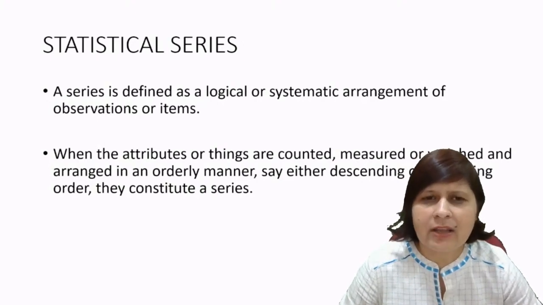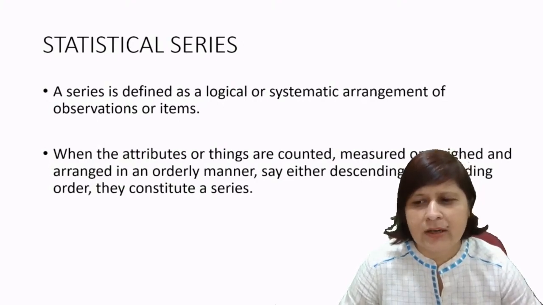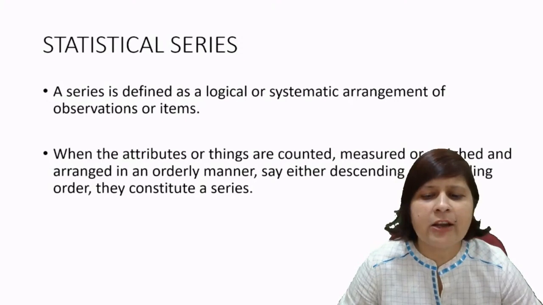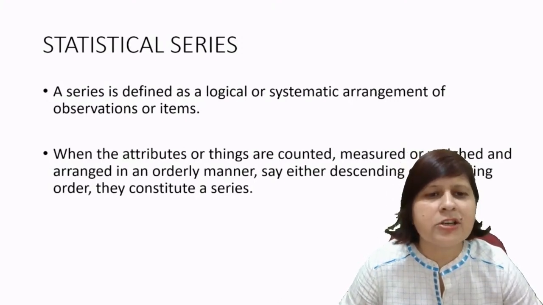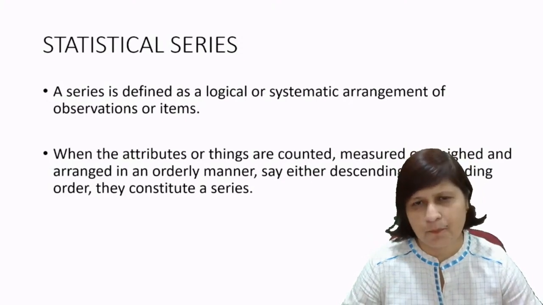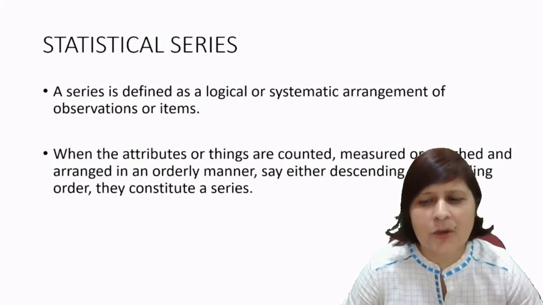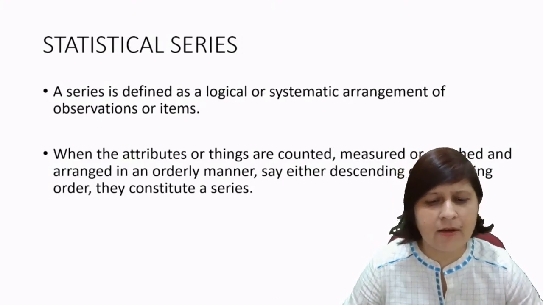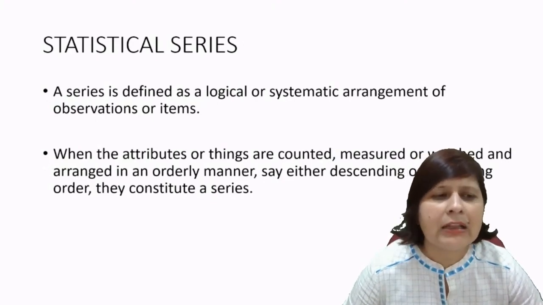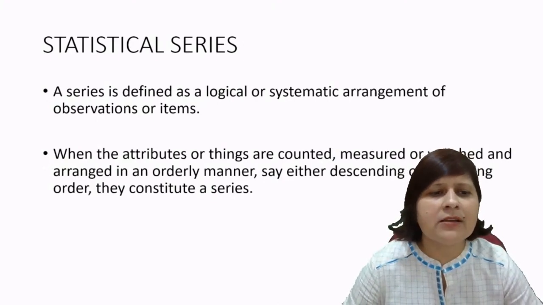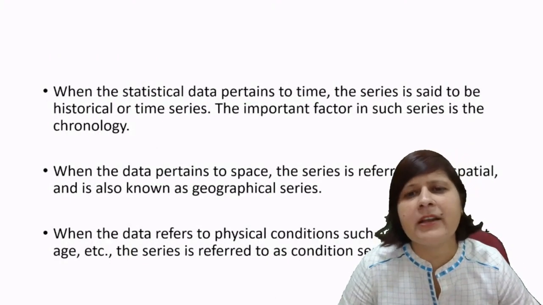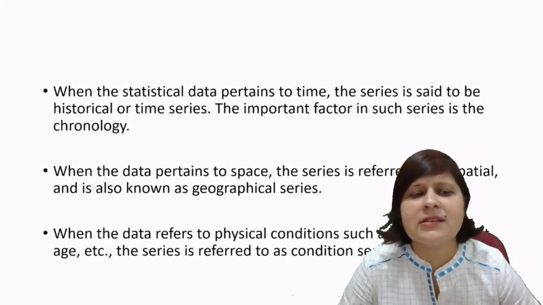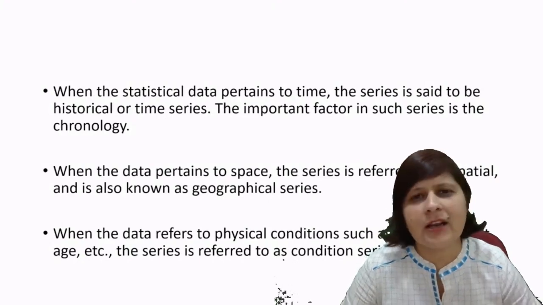When attributes or things are counted, measured, or weighed and arranged in an ordered manner, say ascending or descending, they constitute a series. When statistical data pertains to time, the series is called a historical or time series.